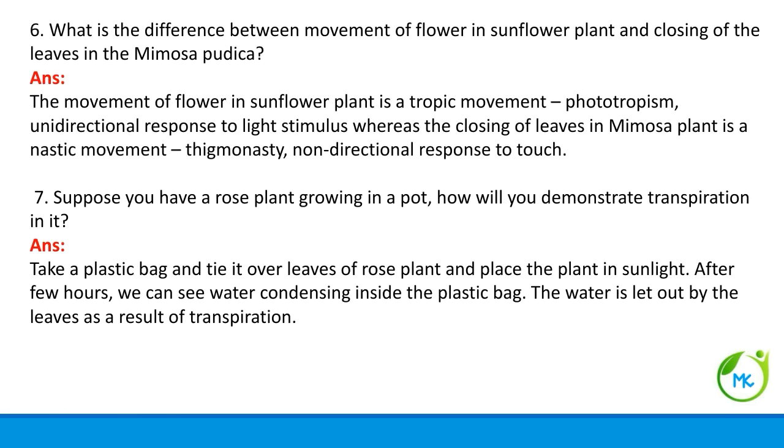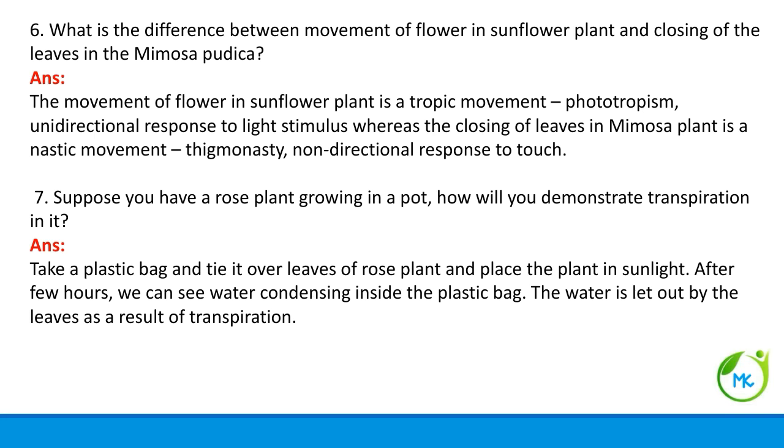Sixth question, what is the difference between the movement of the flower in the sunflower plant and the closing of the leaves in Mimosa pudica? Mimosa pudica is nothing but the touch-me-not plant. They are asking how the movement in the sunflower plant is different from the movement in the touch-me-not plant. The basic difference is that the sunflower movement is an example of tropic movement, whereas Mimosa pudica, the touch-me-not plant, is an example of nastic movement.